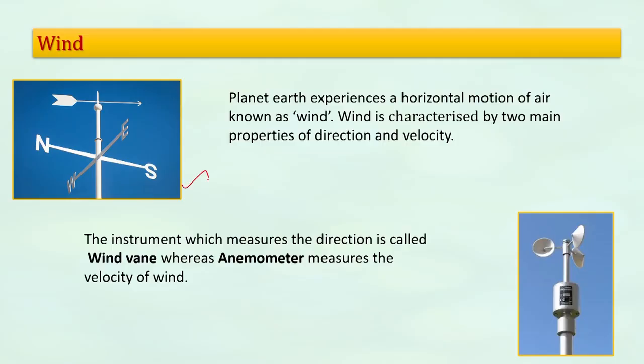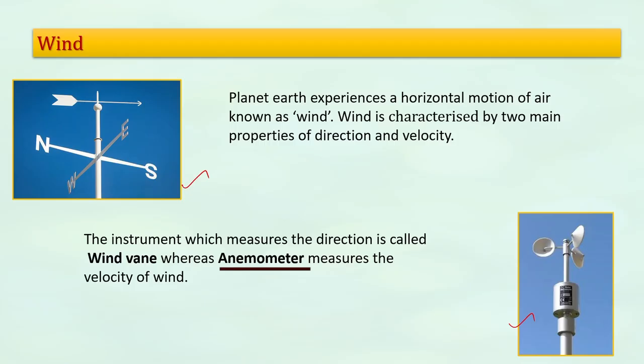See, for wind direction, this is called a wind vane, look at the picture, and this is called an anemometer. The anemometer is used to measure the velocity of air, at what speed the air is traveling. In which direction it is traveling can be measured by the wind vane, right.